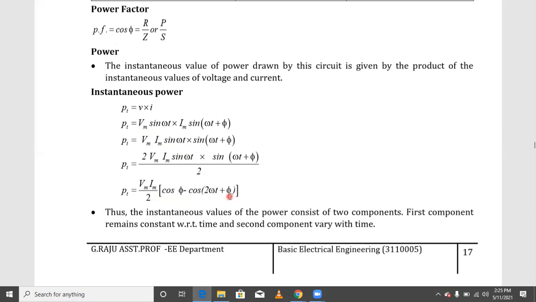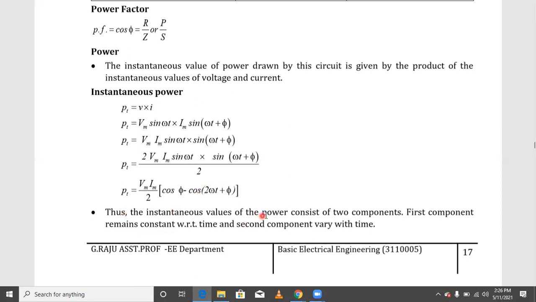Here the instantaneous power has 2 times ωt, so the frequency is doubled. If the frequency is 50 Hz, then 2 times the frequency is 100 Hz. So the frequency changes to 2 times.